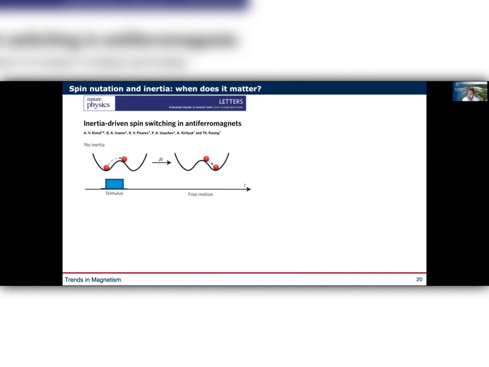The picture, which I find very nice to visualize when inertia matters, is a double well potential with a ball with no mass: your stimulus will need to last as long as the time needed to bring the particle above the potential maximum, and then you could leave it.